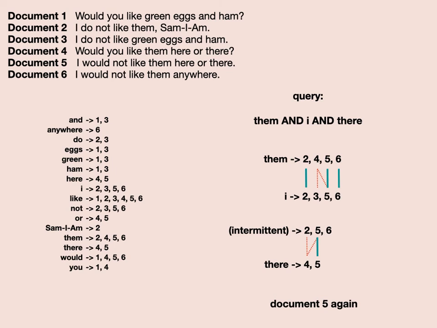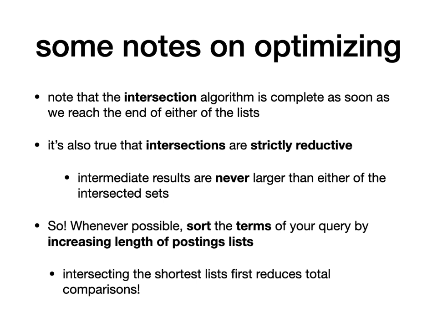So a note on how best to arrange this. So here we're taking 3 lists and we're chunking through them, right? The list for them, the list for I, and the list for there of the documents associated with those terms. There's a good way to arrange them. So the intersection algorithm is complete as soon as we reach the end of either list, remember.